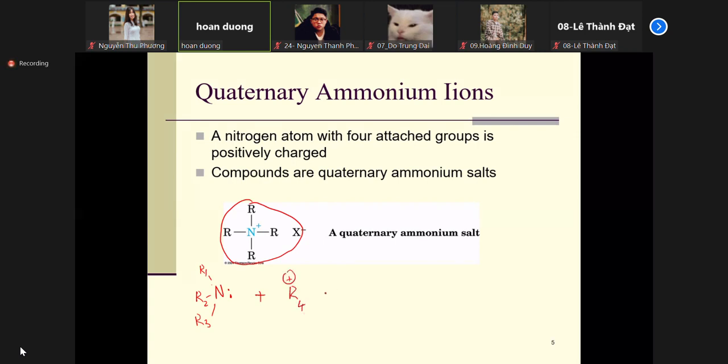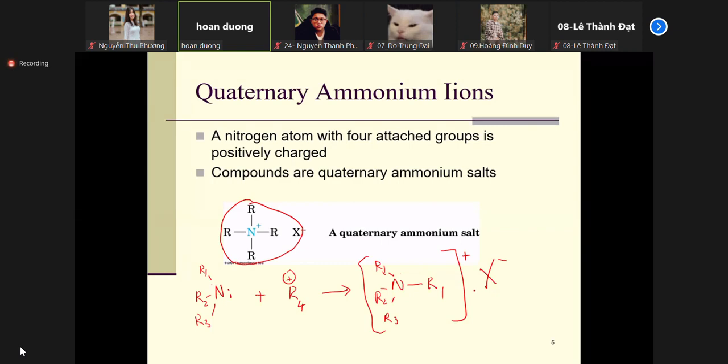It forms N R1, R2, R3, R4. Because the fourth group is bonded here, it makes a positive charge, so they need one anion, which we call X minus.